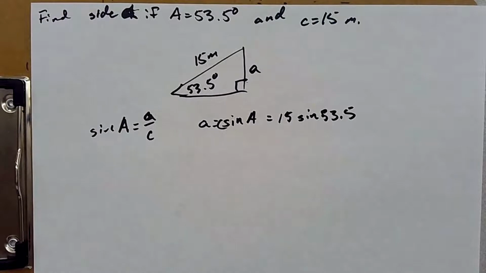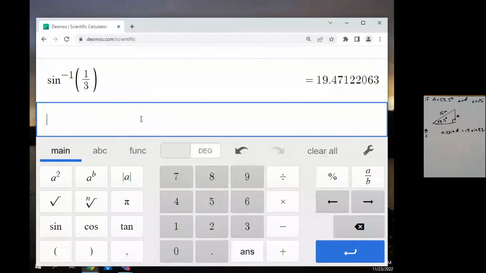Again, go to Desmos. And we get the length of A is 12 point something, it's probably close enough to just 12 meters for our purposes.